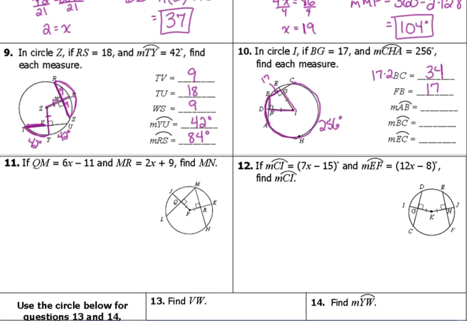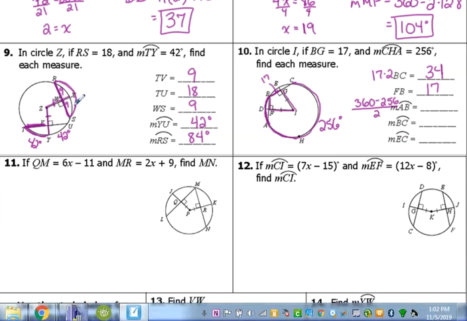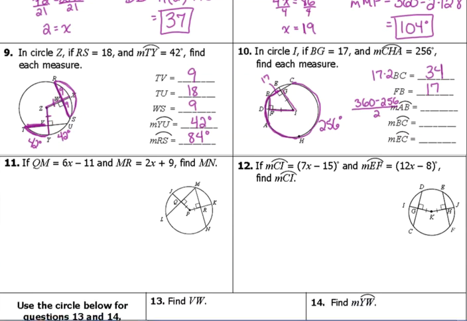We know that the entire rest of the circle is 256. So 360 minus 256 tells us how much we have left for those two arcs, and they are the same. So we divide that by 2, and we get 52 degrees. 360 minus 256 divided by 2, because we have two arcs to split that degree measure between, and we get 52.